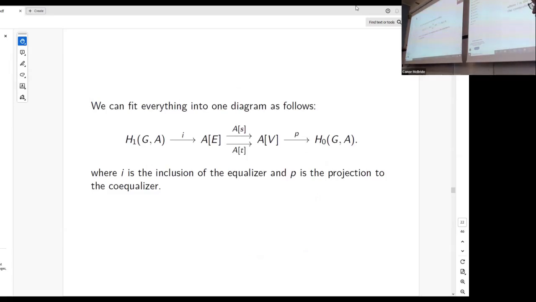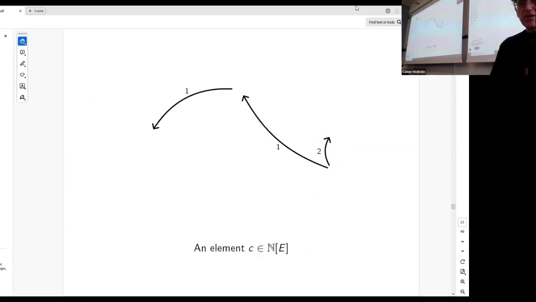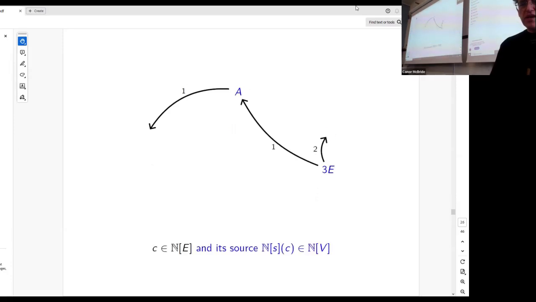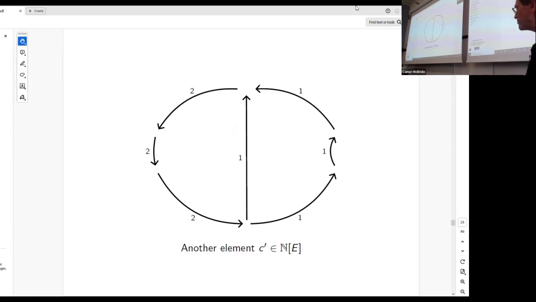You can think of this equalizer in a very simple-minded way: it's a subset of A of E, consisting of those linear combinations of edges whose source is equal to its target. That's why it's called an equalizer. So in this example, the source of that was not equal to the target of that, so it's not an equalizer.